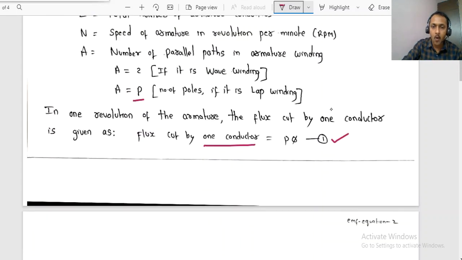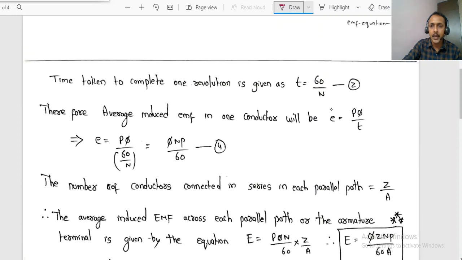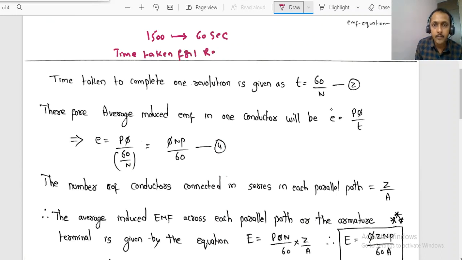Now we have considered the speed N in RPM. For example, if it is making 1500 revolutions in 1 minute, that is in a span of 60 seconds, then the time taken for one revolution will be how much?